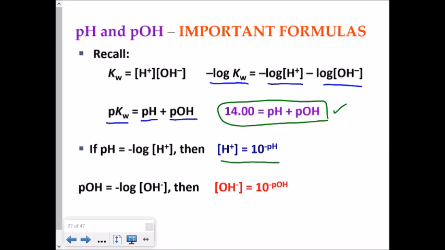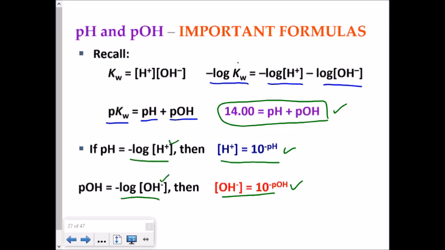But generally, you'll see they're pretty common. Negative log of hydrogen is the pH, negative log of hydroxide is the pOH. They kind of follow the same formula design, so it shouldn't be too much to memorize, because really these two sets are very similar, and then these two sets are very similar.